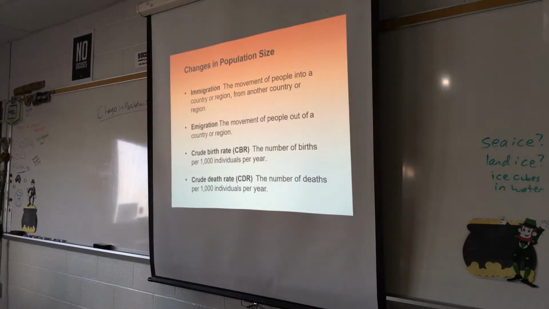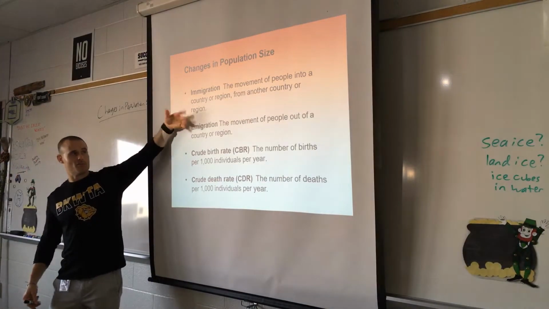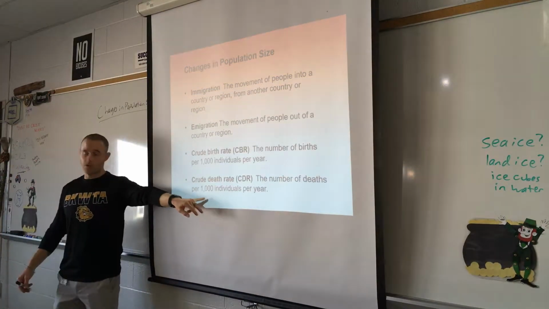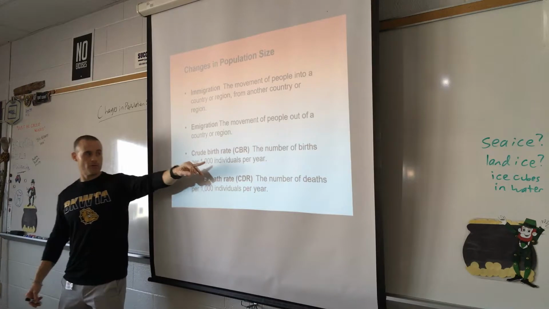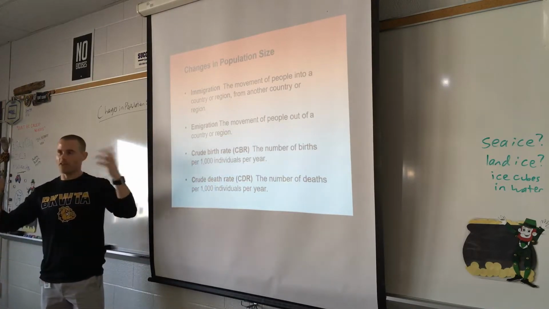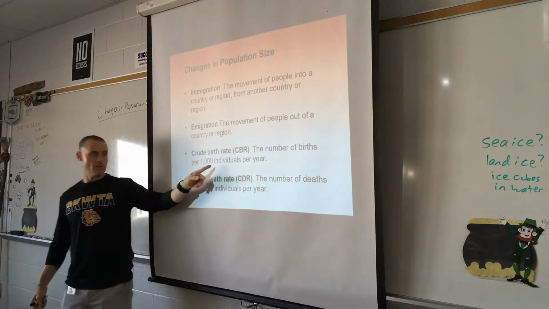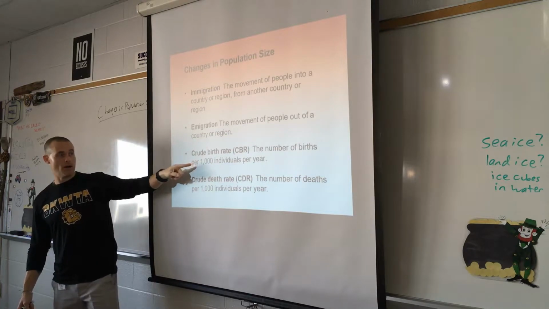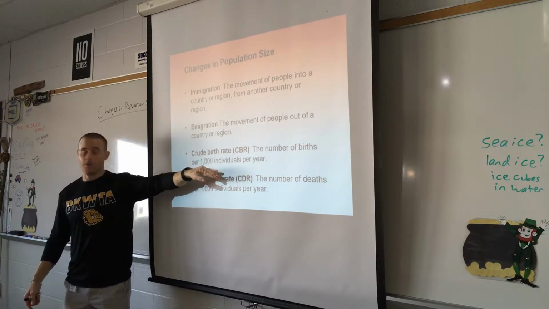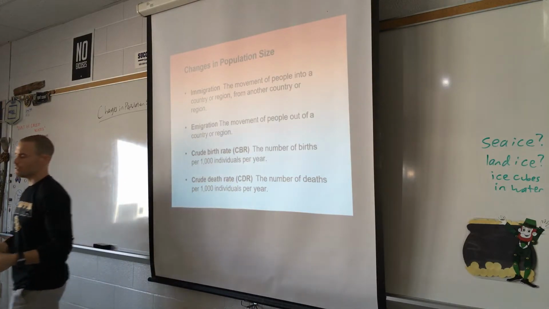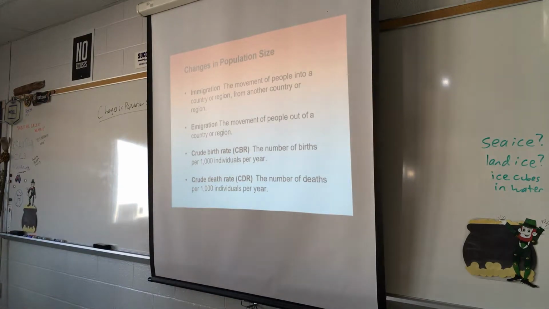So you guys probably knew these terms already. Crude birth rate might be new to you. Birth rates, death rates, you might have heard of those phrases at some point in your life. But specifically, this is out of 1,000 people. It's just easier to manage the numbers when it's 1 out of 1,000 or 2 out of 1,000 instead of individual people.